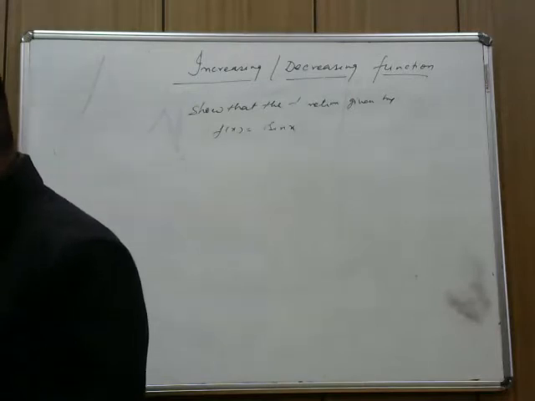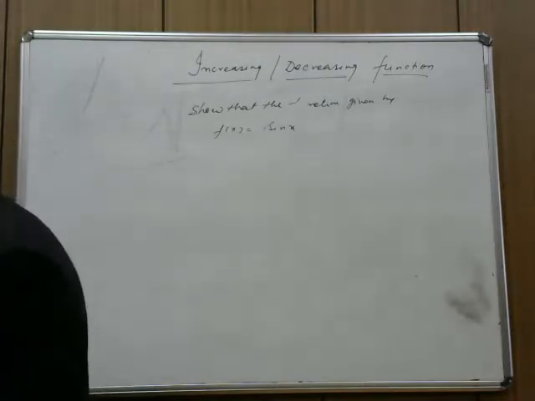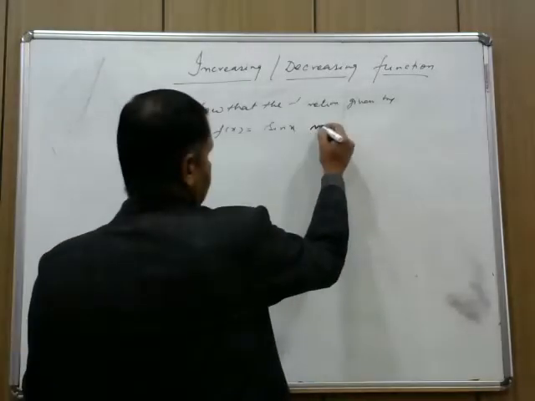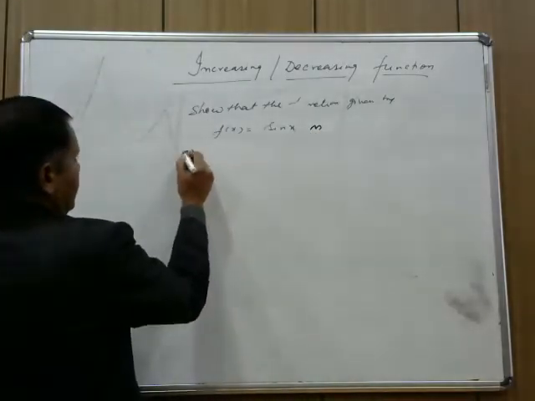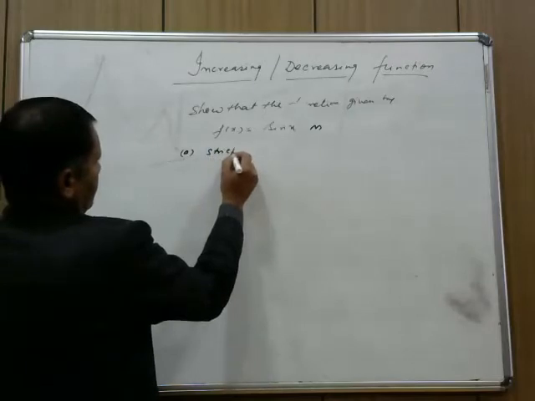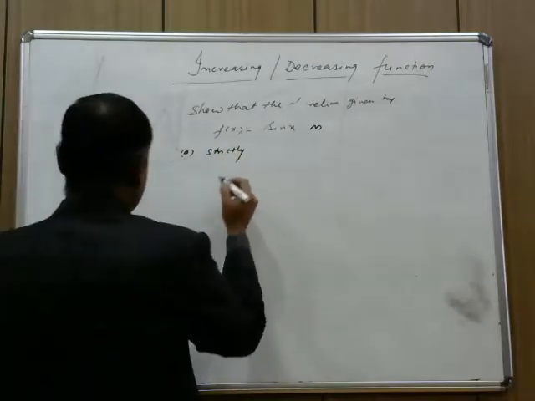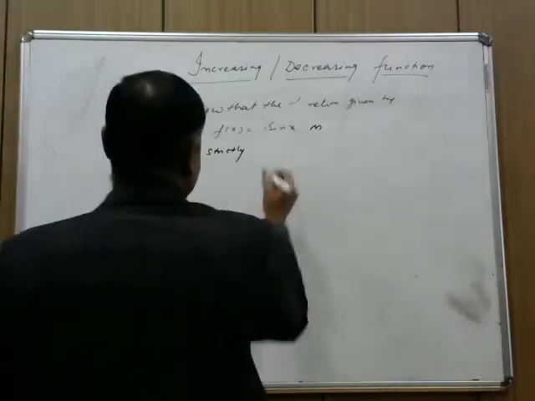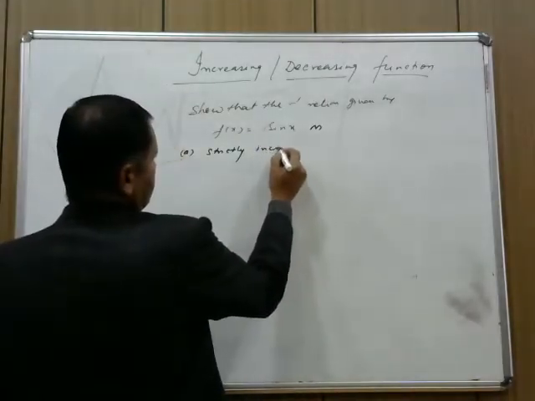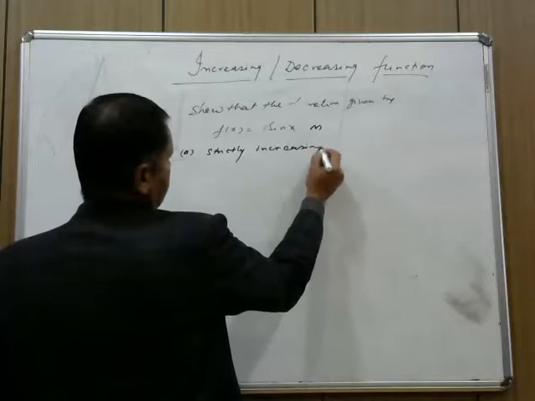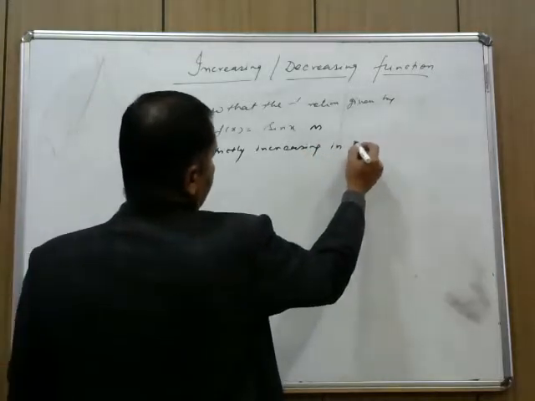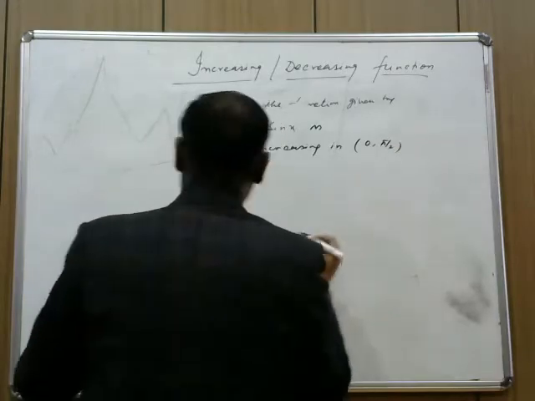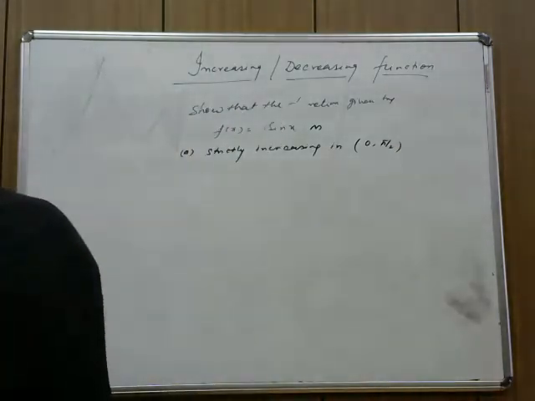F of x is equal to sin x is number A, strictly increasing in 0 to pi by 2, right?